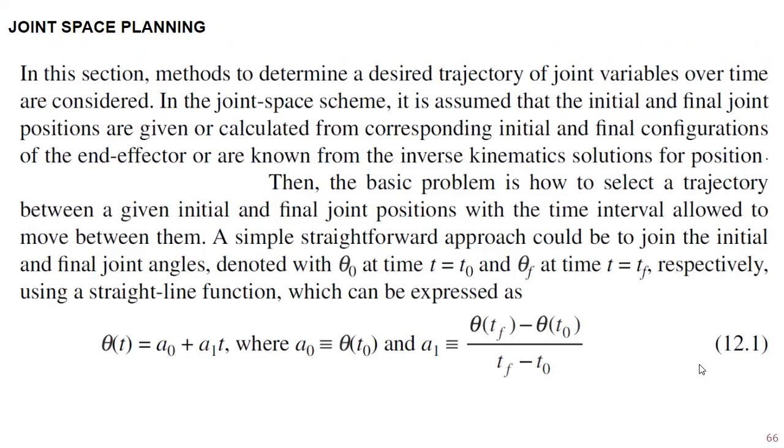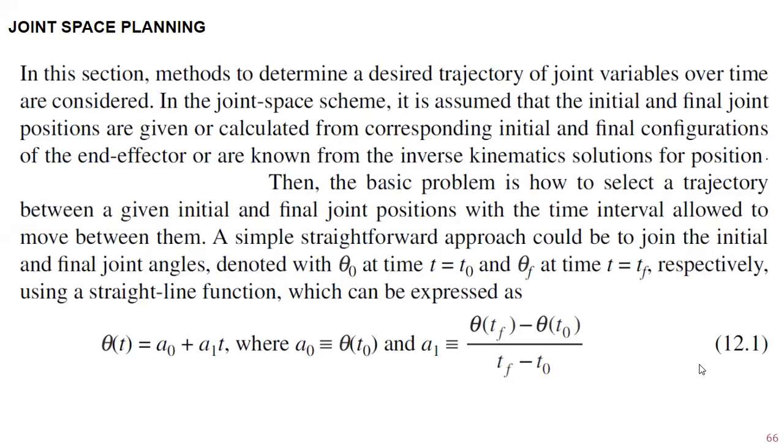In the joint space scheme, it is assumed that the initial and final joint positions are given or calculated from corresponding initial and final configurations of the end effector or are known from the inverse kinematics solutions for position. Then the basic problem to solve is how to select a trajectory between given initial and final joint positions with the time interval allowed to move between them.